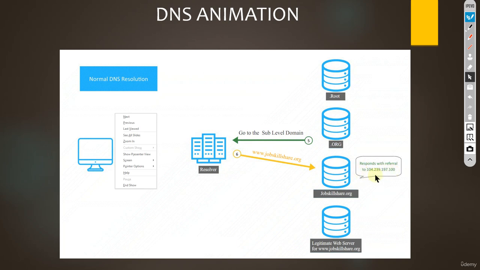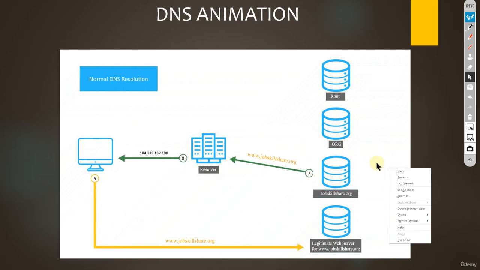So it finds the public IP against this domain name. After that, it will send this information back to the resolver, because now the public IP against job skill share has been resolved.